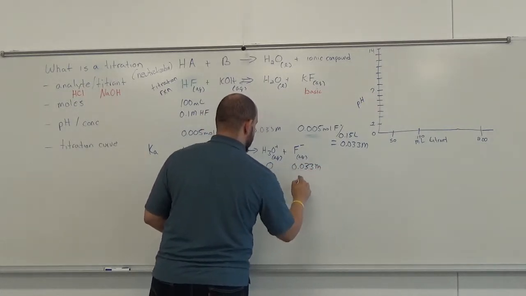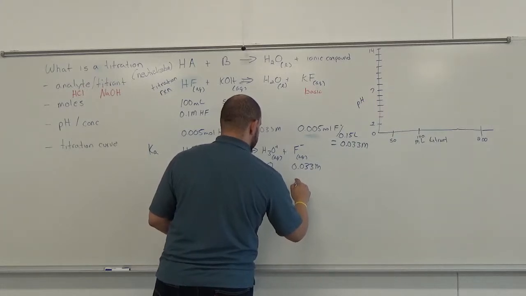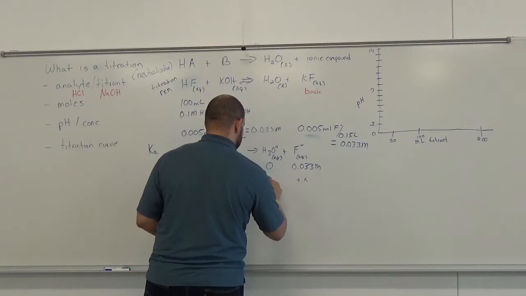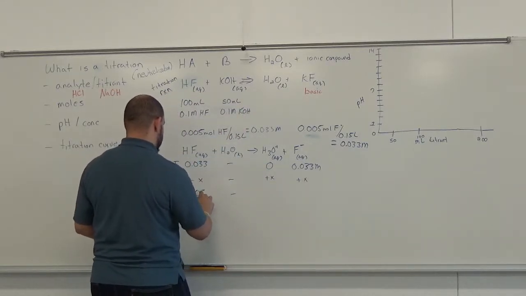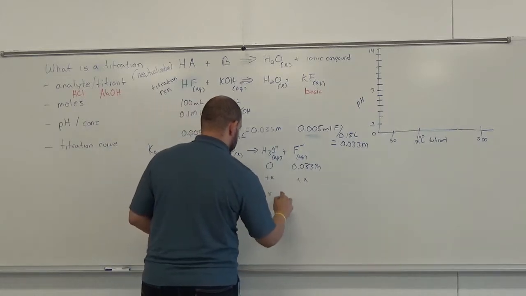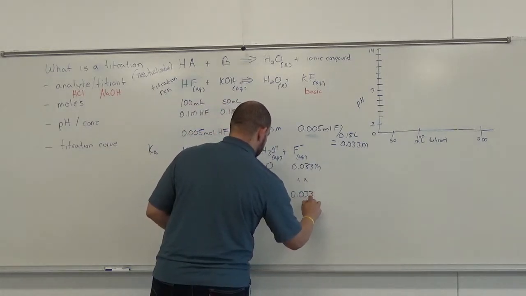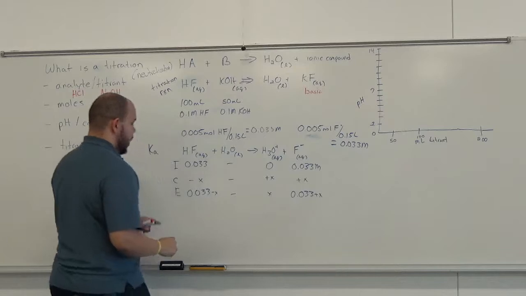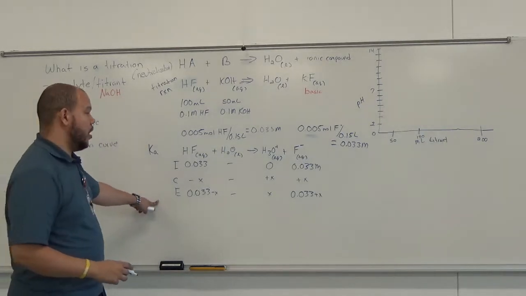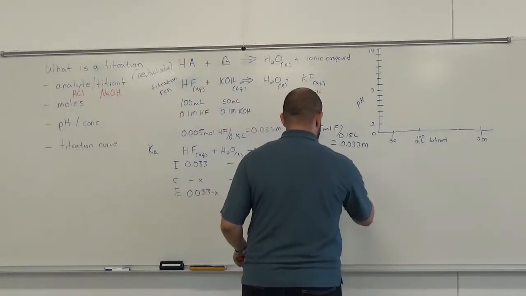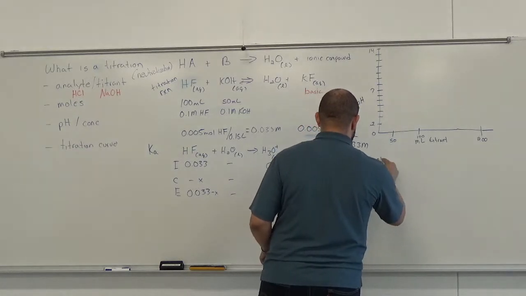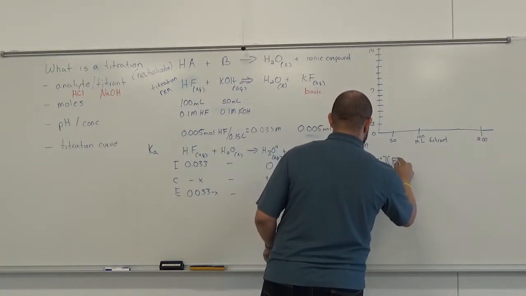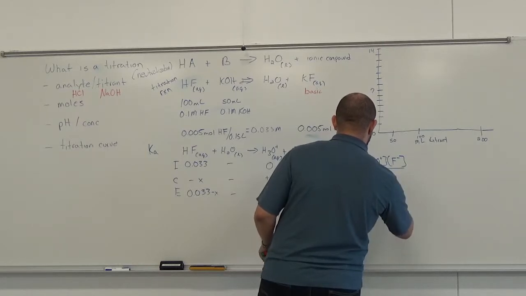So we have 0 for the hydronium, and now we have minus x, plus x: 0.033 minus x, 0.033 plus x. Now, if we remember how to form our Ka expression, Ka is equal to H3O plus times F minus, all over HF.